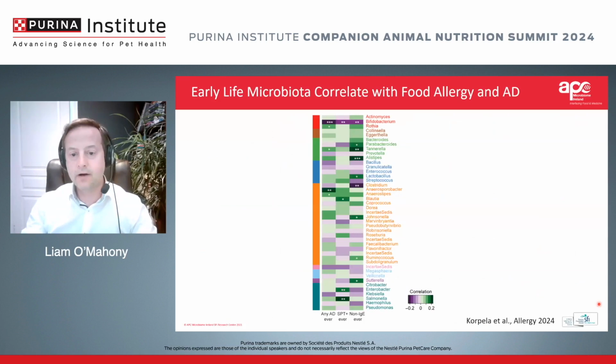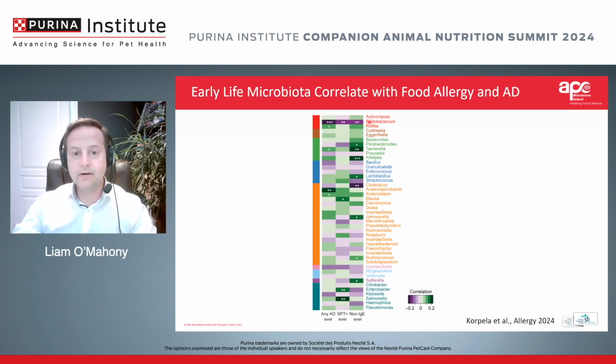And there was a really nice correlation with food allergy and atopic dermatitis in these children. So what I'm showing you here is at 6 months of age, the association of different microbes with atopic dermatitis at 1 or 2 years of age, having a skin prick test positive response to a food antigen, or a non-IgE mediated food reaction within the first 2 years of life.